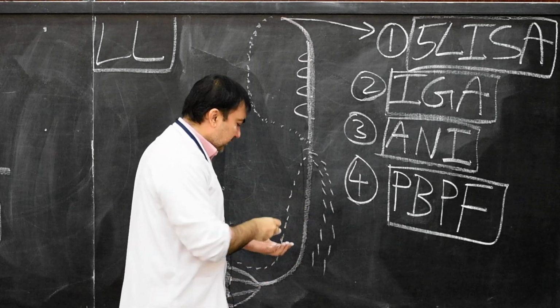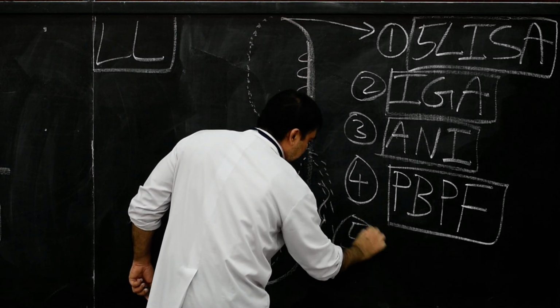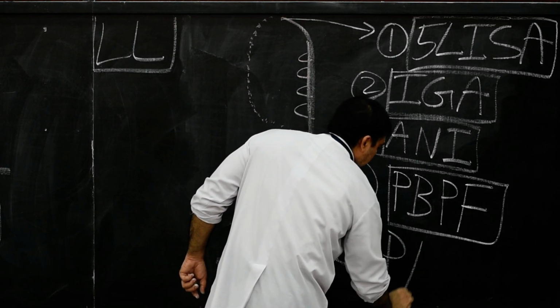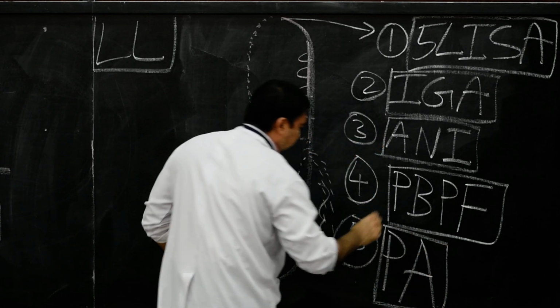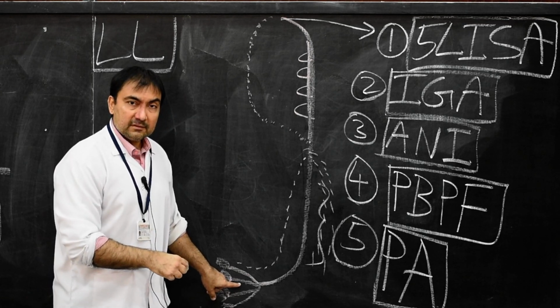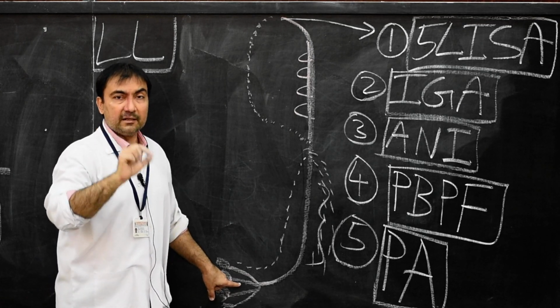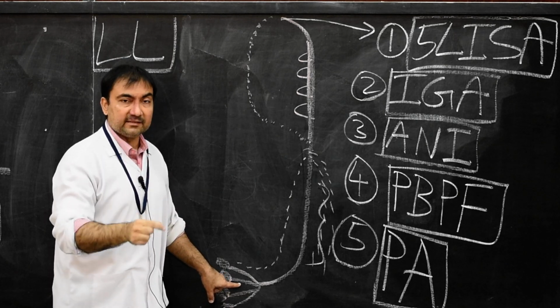And the last branch which is remaining here will be known as the peroneal artery. Now this is the last branch, the peroneal artery, and it will continue here in the foot as the plantar arterial arch. So the plantar arterial arch in the foot will be a remnant of the axis artery.